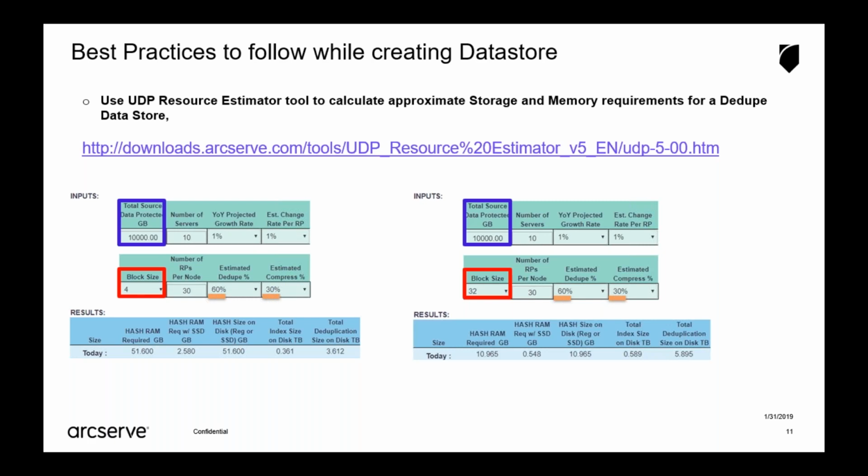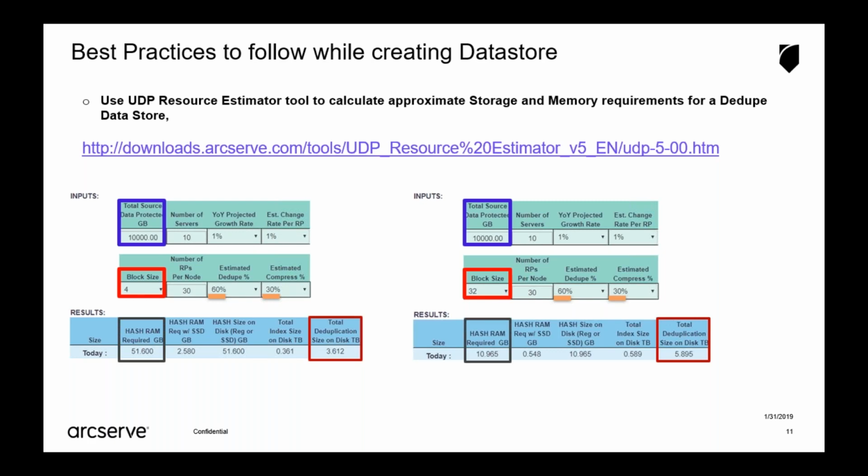With estimation of 60% deduplication and 30% compression, it says for 4K block size, you need to have 3.6 terabytes. With 32K block size, it is 5 terabytes, which means the bigger the block is, the more storage we need, which means the deduplication is less.